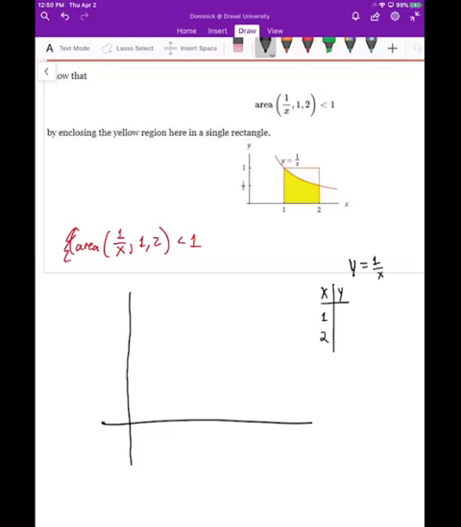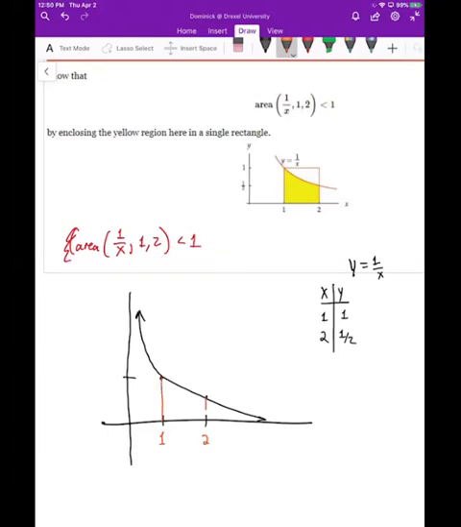Well, if you plug in 1, you get 1 over 1, which is 1. And if you plug in 2, you get 1 over 2, which is 1/2. So it looks like we're going to get something like this in this region. And this is, of course, x equals 1 and x equals 2.